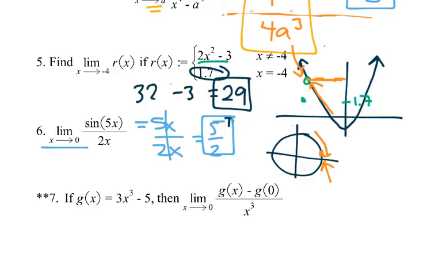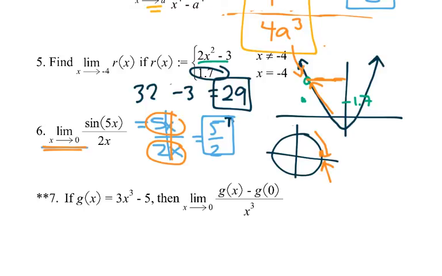And so sine of 5x and 5x become the same for all intents and purposes as we go toward the limit. And so the sine of 5x we can say is just 5x, and then we have 2x on the bottom. We cross out the x's, and that's why we're left with 5/2.